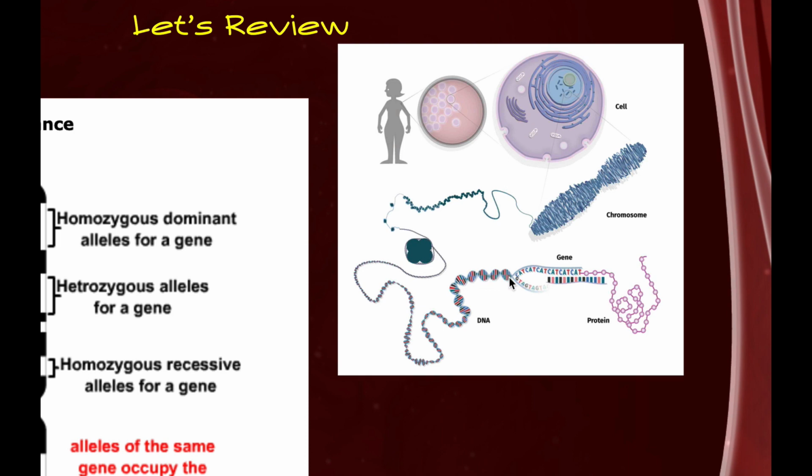And if we unwind the DNA and take a look inside, remember we have A's, T's, G's, and C's that make up segments of that DNA. Now, when you have a segment of DNA that codes for a particular protein, for example, let's say we have this little stretch right here, and what it does is it builds a protein from it. We call that a gene. So a gene is ultimately a stretch of DNA that codes for a working protein.